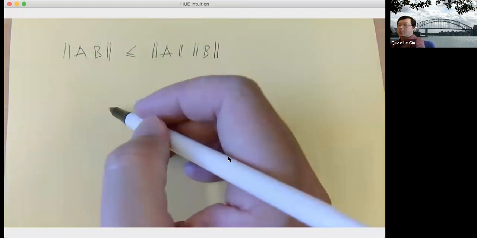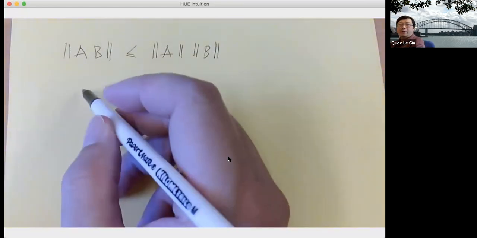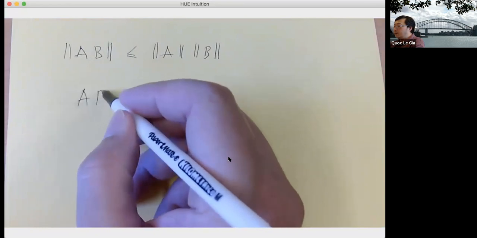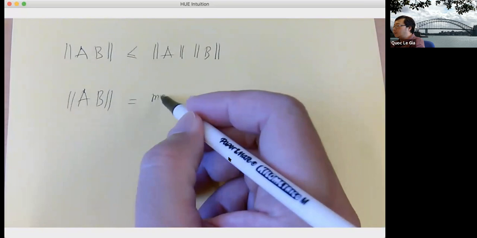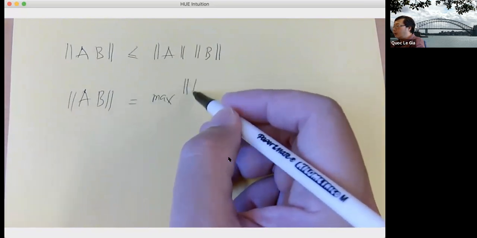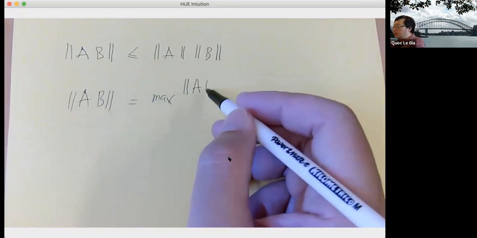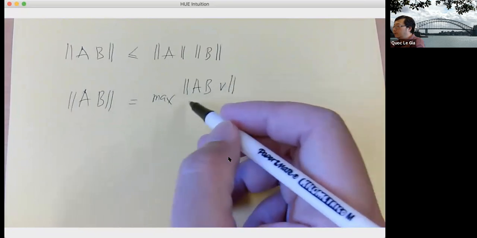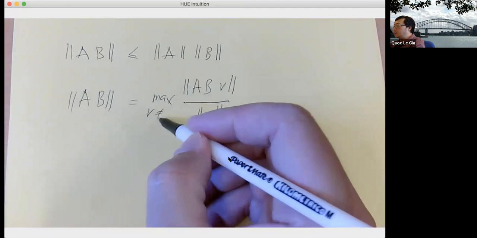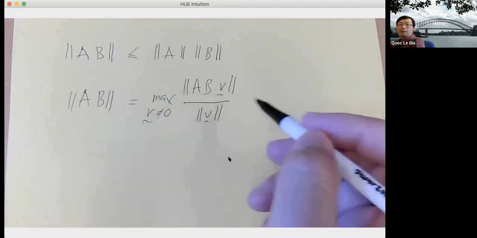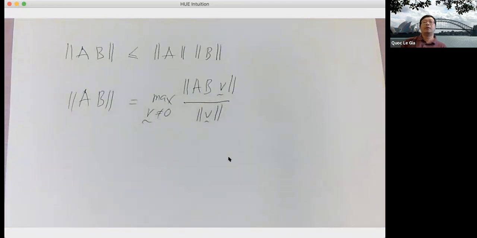Okay, so how do we show that? Well, by definition, the norm of AB is the max of norm of ABV divided by norm of V, over non-zero vectors V. Okay, so this is just a definition, and this is true for any norm, yeah.